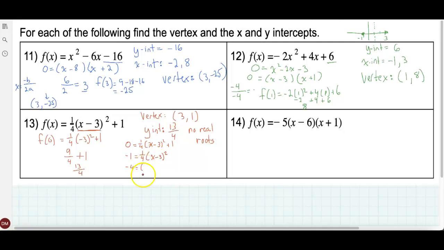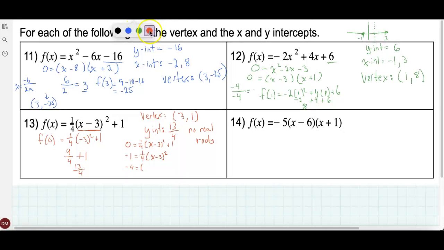Obviously we're going to get plus or minus the square root when we put the square root in. If we use the quadratic formula, then the discriminant would be negative, and you'd know there's no real roots. Okay.